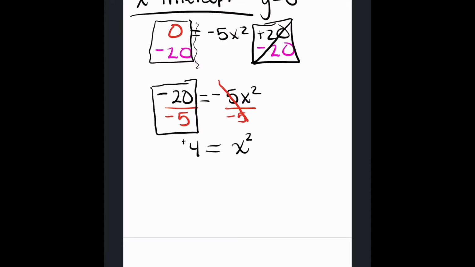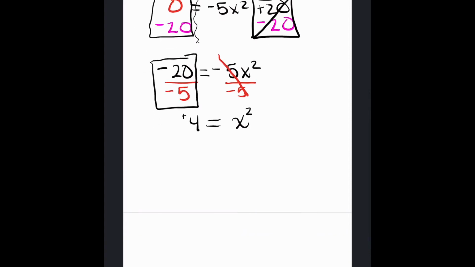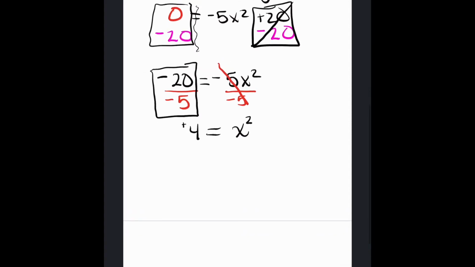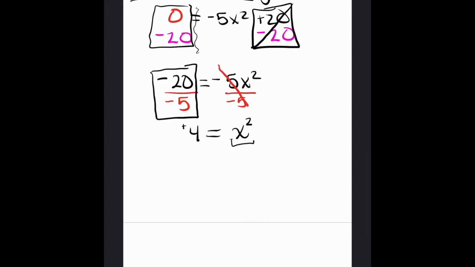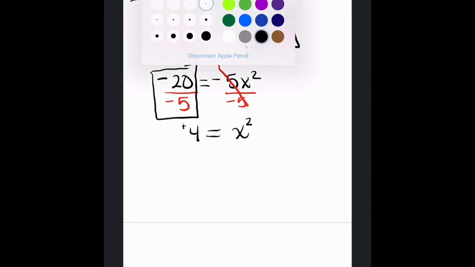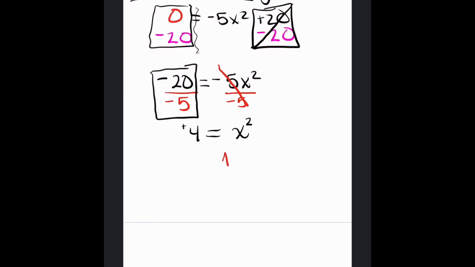Remember, you don't have to necessarily write that little plus sign, but I just put it there. Next, the x is almost alone, but we have to get rid of that x squared. So remember, we get rid of squares by doing the square root. So I'm going to take the square root of both sides.